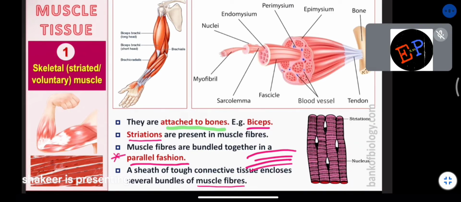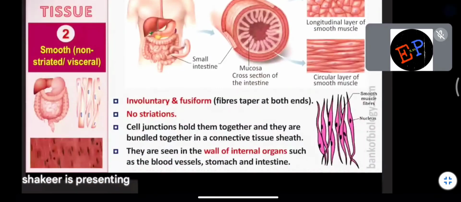Out of all the tissues, connective tissues are maximum, because the human body is able to maintain its shape and size only because of connective tissues and bones. Wherever it is necessary, connections are provided very beautifully. So these muscle fibers are again connected by a layer of connective tissues. Clear? That's it. This diagram, I don't think it is important. Okay? So next, see.